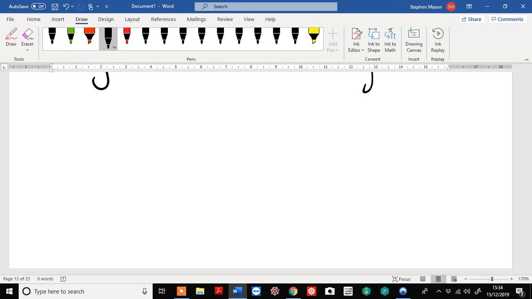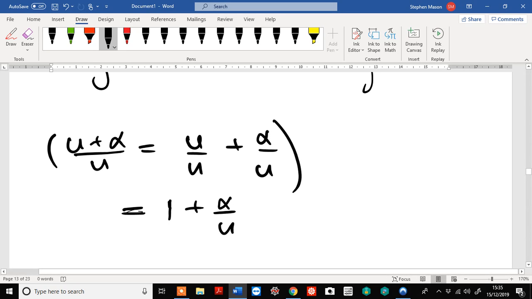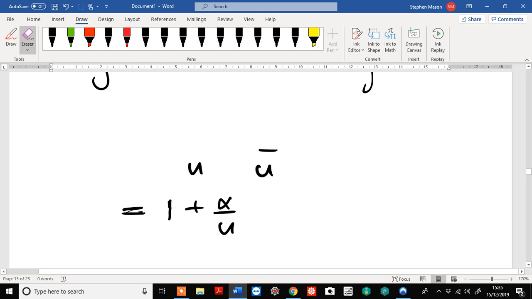You'll be familiar. I'll just write it here. We've got u plus alpha over u, and this is equal to u over u plus alpha over u, right? Which just simplifies to 1 plus alpha over u.